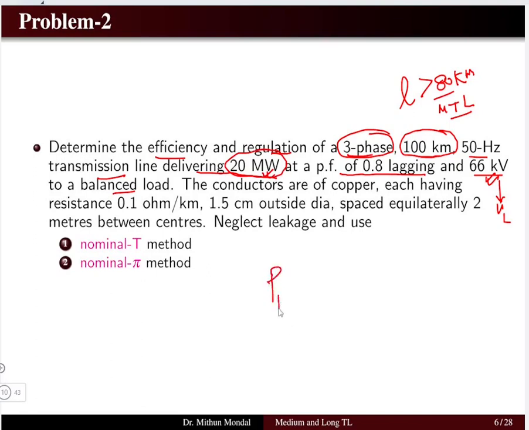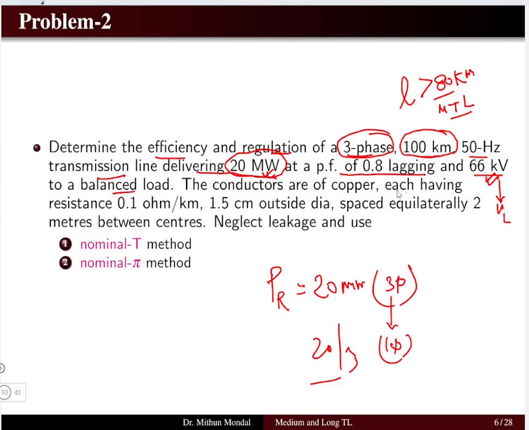So the real power at the receiving end is equal to 20 megawatt. Now this is for a 3-phase system. We have to convert that to single phase, which is equal to 20 by 3. Power factor information is given. The conductors are made of copper, each having a resistance value of 0.1 ohm per kilometer and 1.5 centimeter outside diameter.